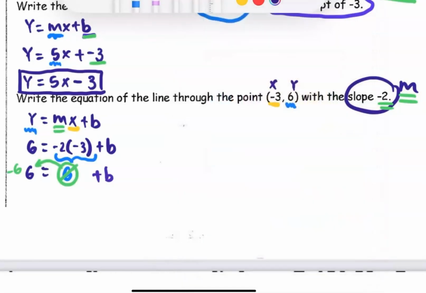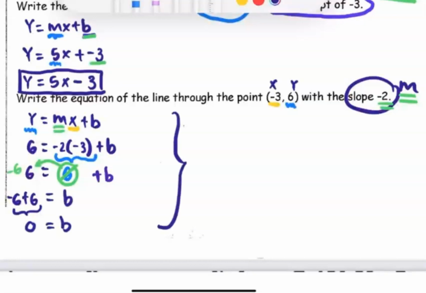And I'm going to keep going and solve my equation. -6 plus 6 is equal to b. If you type this into the calculator or do it in your head, you get a 0, so b is equal to 0.